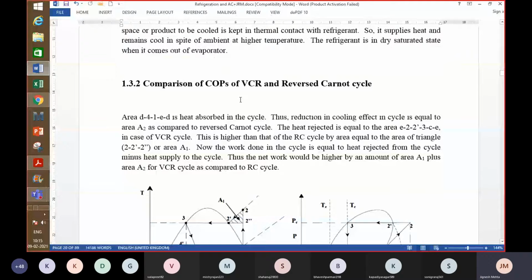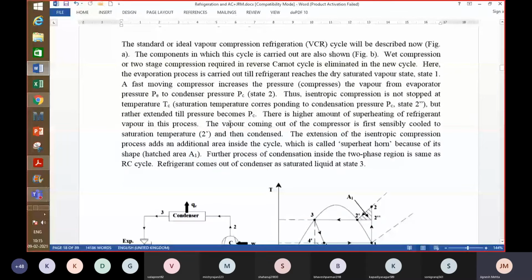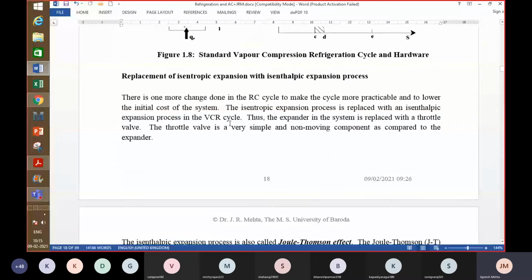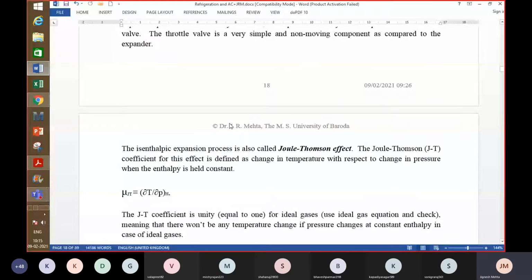So it's basically the integration of V dP, and that V is the specific volume, right?